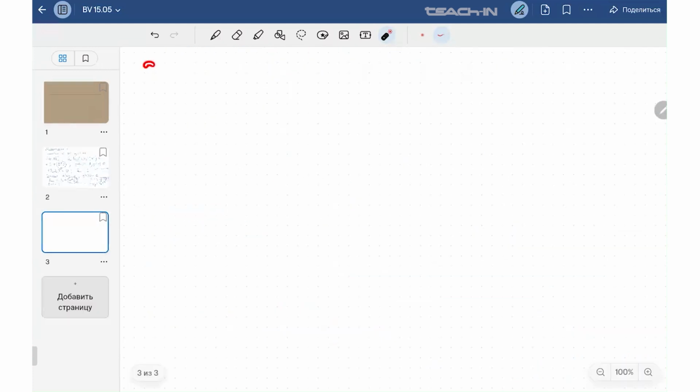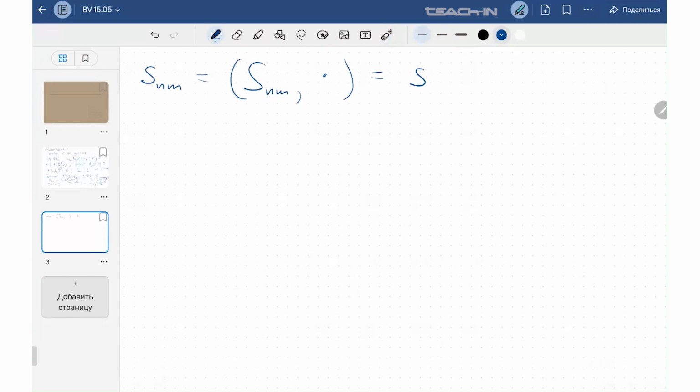So let's say we have S non-minimal. It's a small s, which is a bracket with S non-minimal, and which is the initial S. We keep it implicit. We don't care what is inside, but we know that it is nilpotent and that it doesn't touch our new variables.